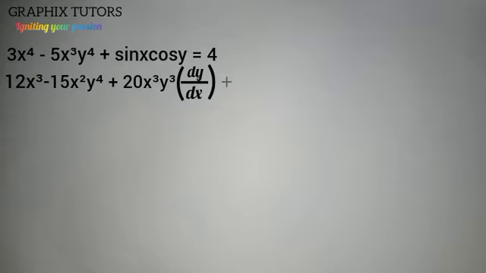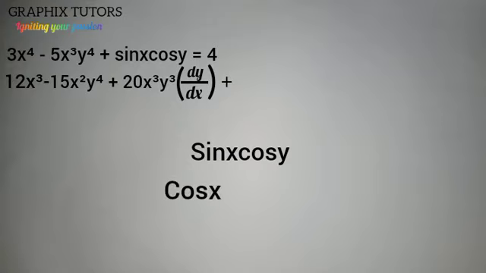plus we have sin x cos y. Now we have to differentiate sin x cos y. Here it is the same thing: we have a product of two different things multiplying each other, which is sin x and cos y. If I differentiate sin x, I'm going to have cos x. Since I have cos x, I'll multiply it with everything I have here.